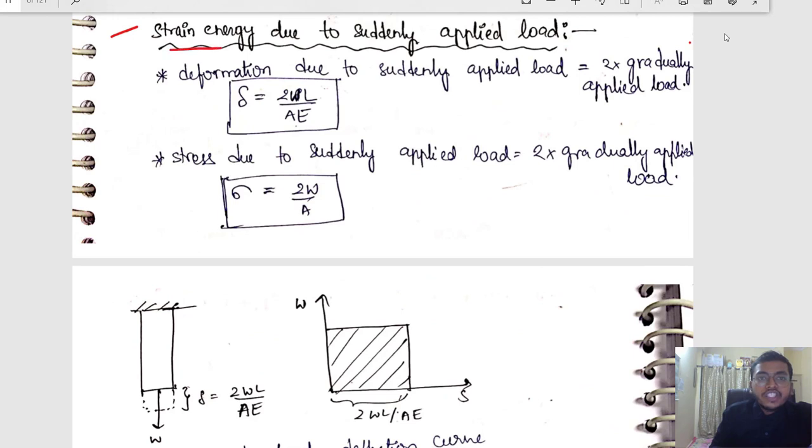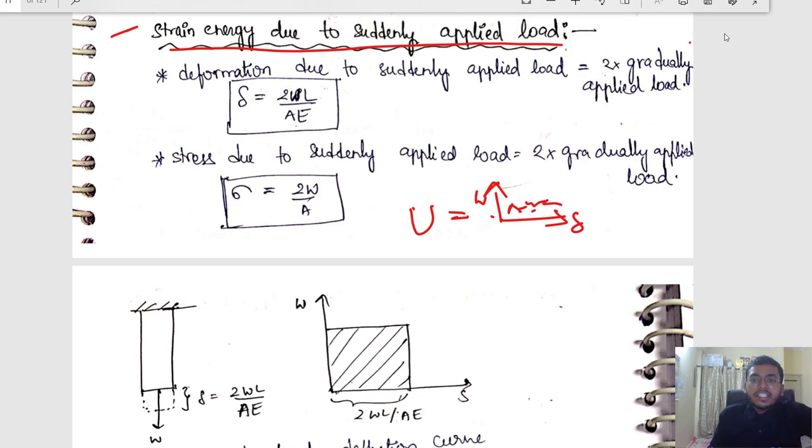Now let us continue with strain energy due to suddenly applied load. This is a very simple concept and just an extension of the gradually applied load. By now you understood what we have to do to get the strain energy. We have to draw the graph between load versus deflection, right? And the area of this graph will give us the strain energy stored in that member due to the applied load. Okay, very simple, right?